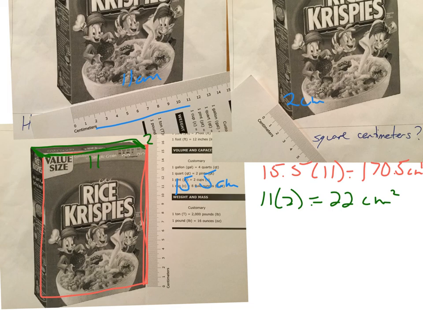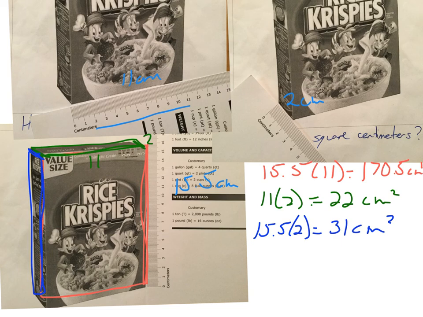Now, if you use the sides, the left side and the right side, that is a 2 by 15.5. So that's 15.5 times 2, and that gets you a 31 square centimeters. So you have 3 answer options depending on which base you chose.